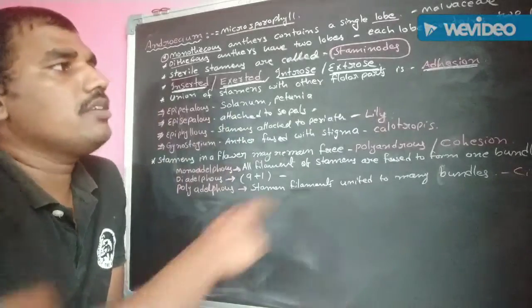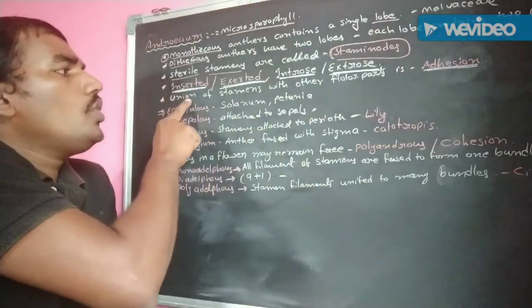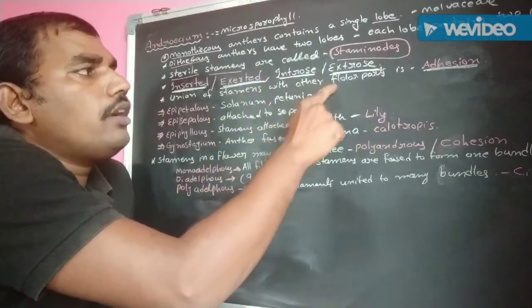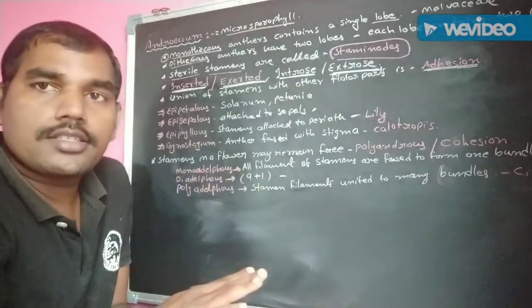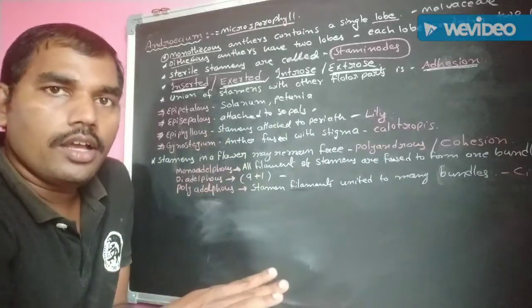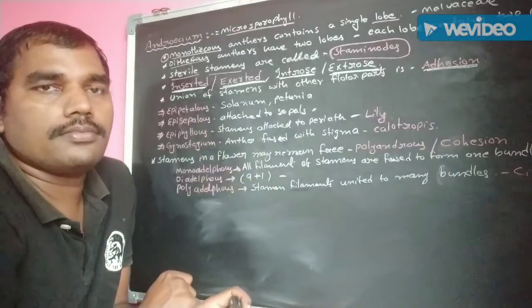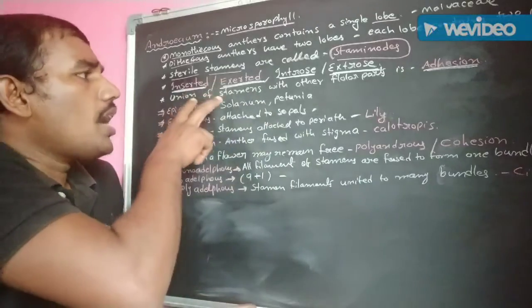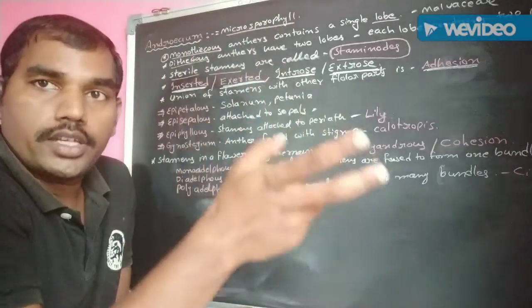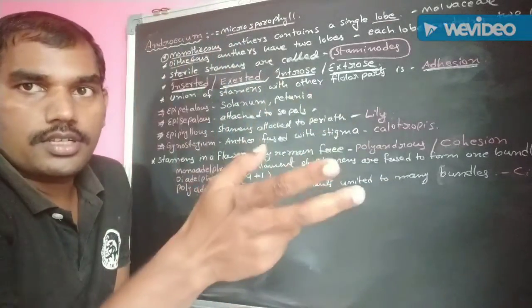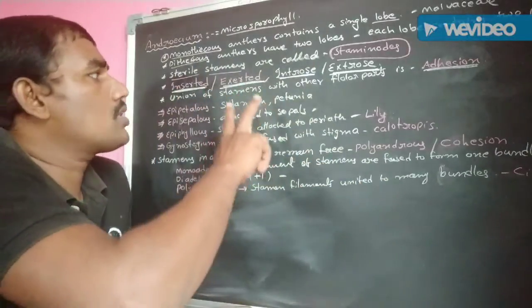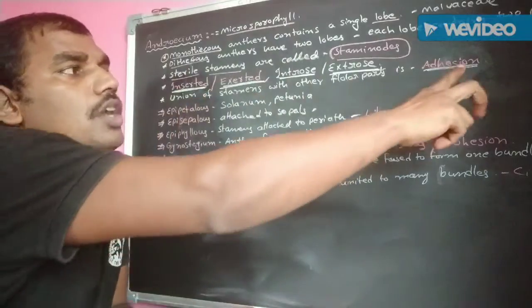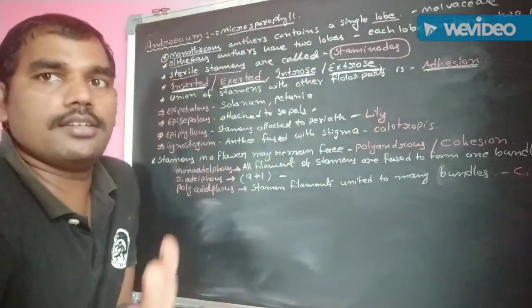Adhesion means union of stamens with other floral parts, either calyx, corolla, or perianth. So the stamens are united with either corolla, sepals, or perianth. This phenomenon is known as adhesion.